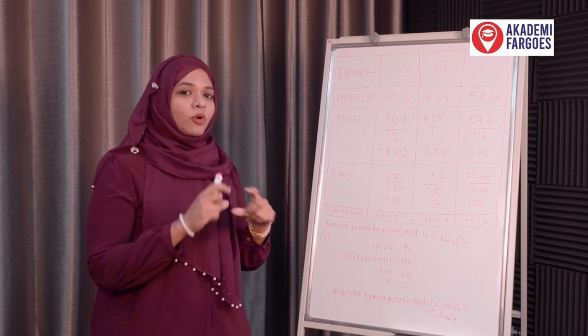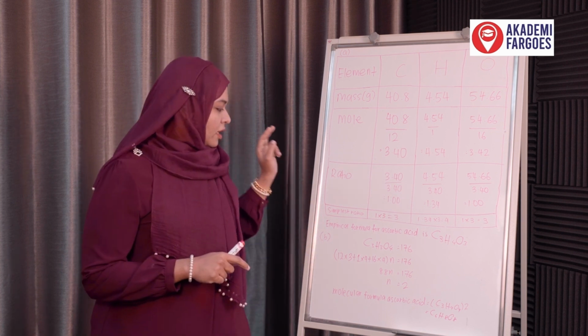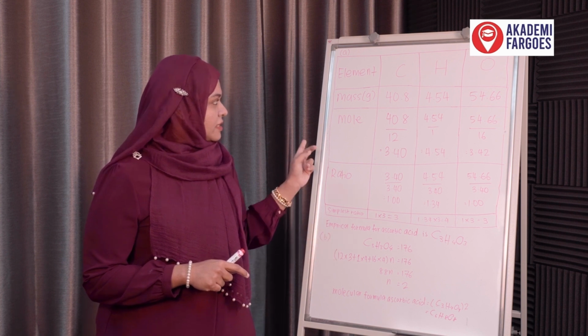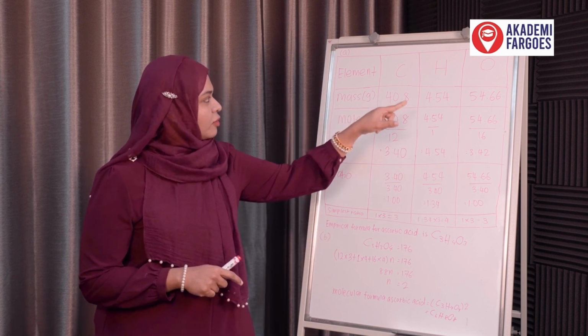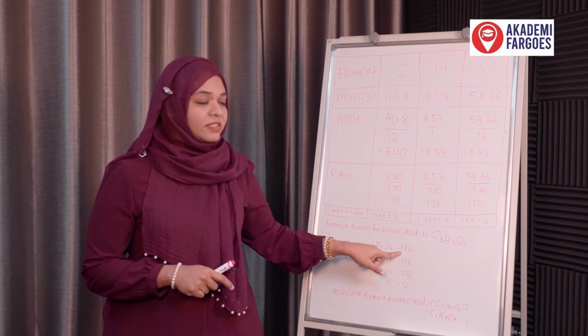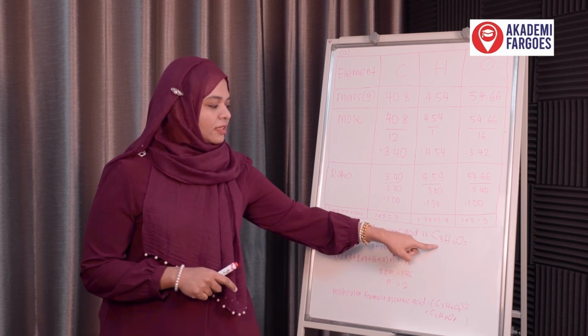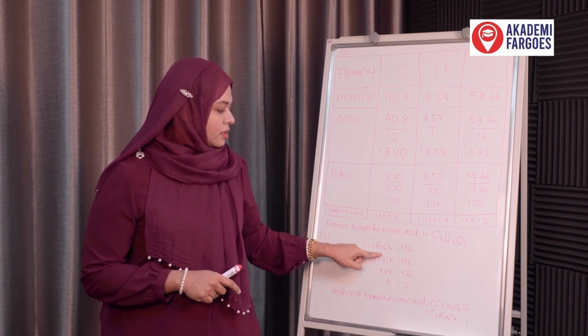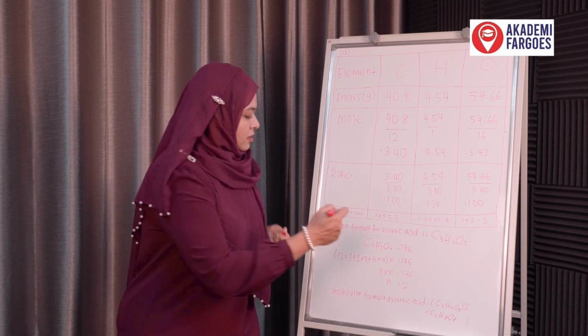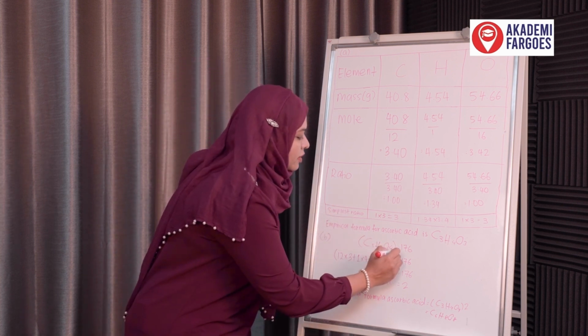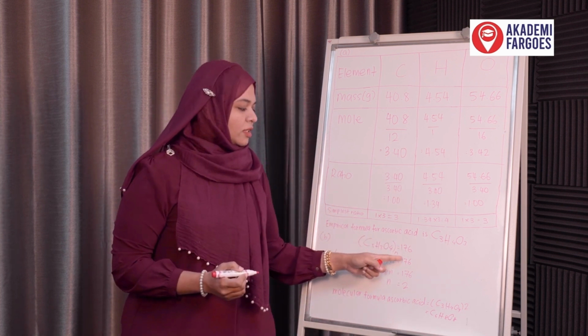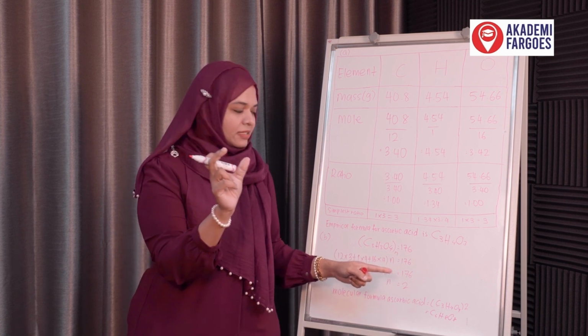Now we come for the second question. How to calculate the molecular formula? Okay. As you know, the mass for the empirical formula for the ascorbic acid is 176 gram. You take empirical formula, you put N equals to the full mass.